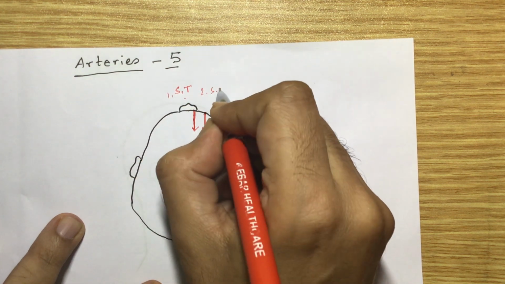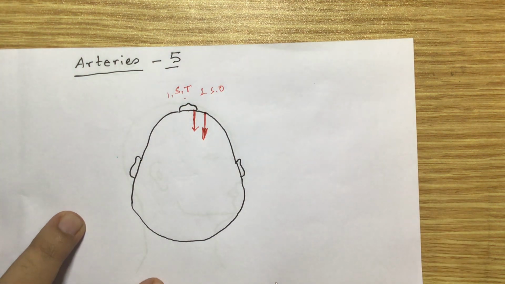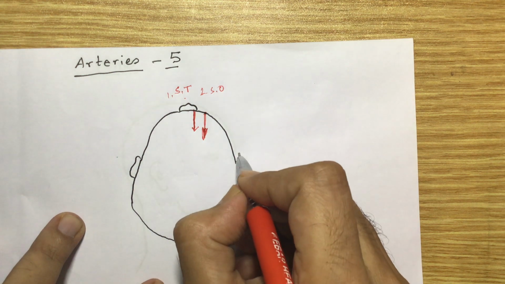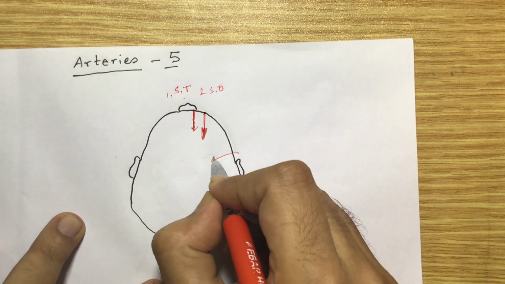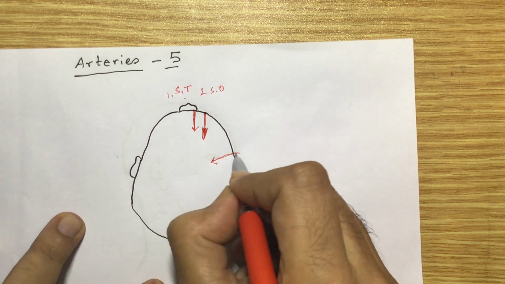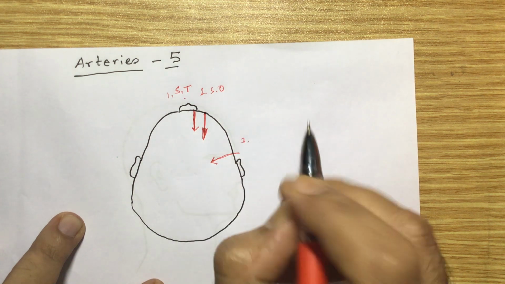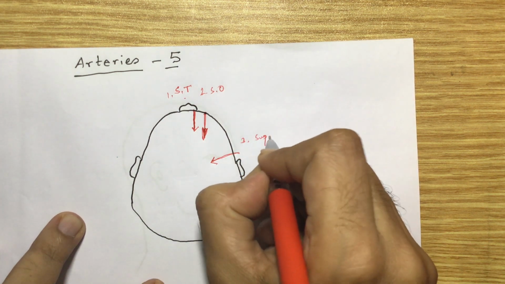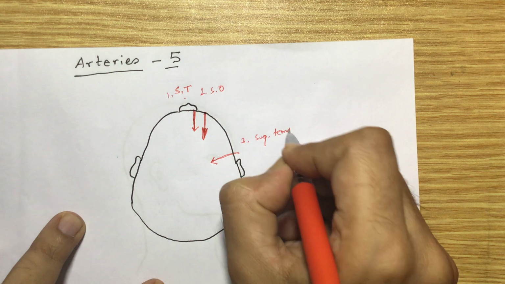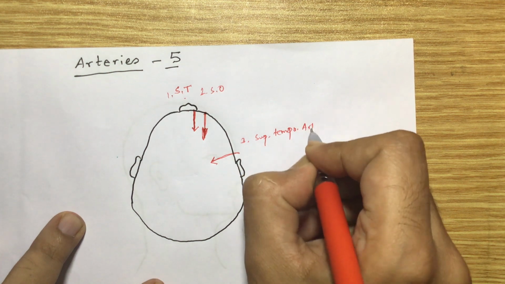Second one is supraorbital. Another one is coming from there. The third one, that is the superficial temporal artery.